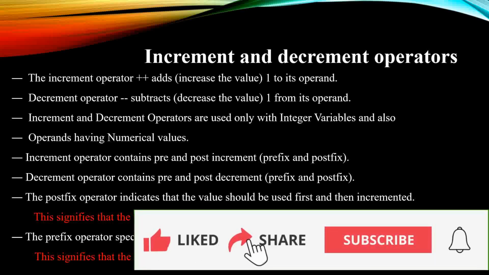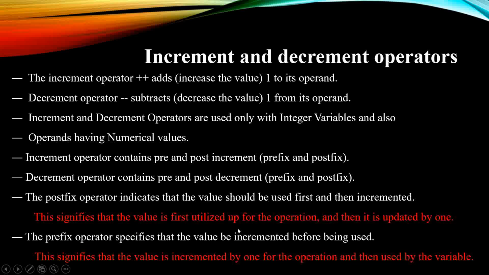Before using it in the equation, we update the value. So if it was 3, we make it 4, or for decrement, if it was 3, we make it 2. So first the pre-increment or pre-decrement is performed before using it in the equation. This signifies that the value is incremented by one by the operation. So according to the operation, what should it do?